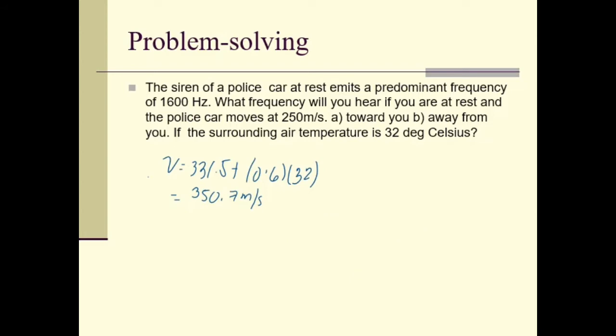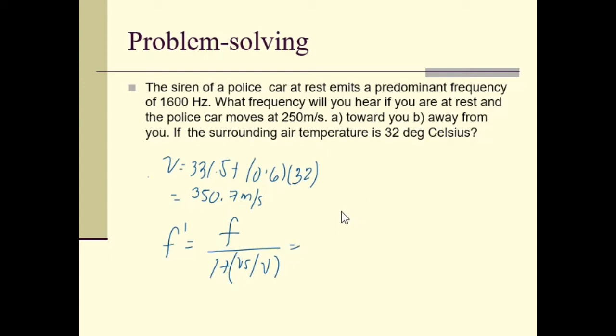Okay, so now let us solve the second part wherein the police car now moves away from the listener. So you have frequency prime, the frequency which will be heard by the listener if it's moving away. So we have F over 1 plus the velocity of source over the velocity of sound.